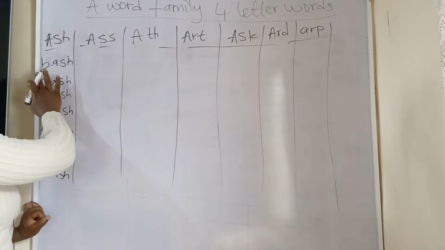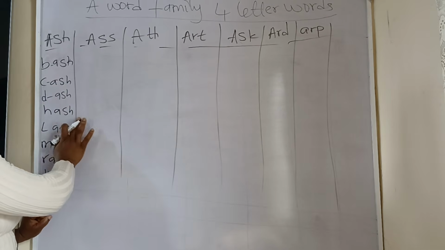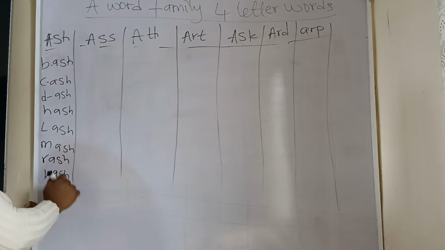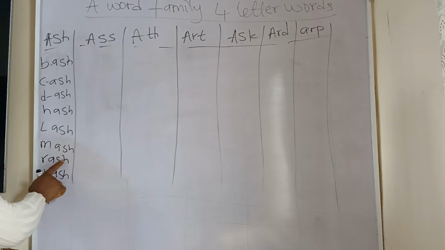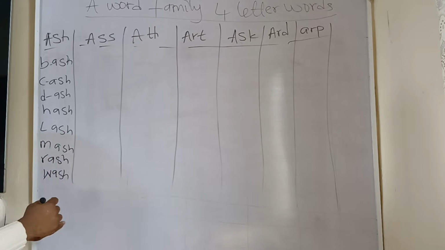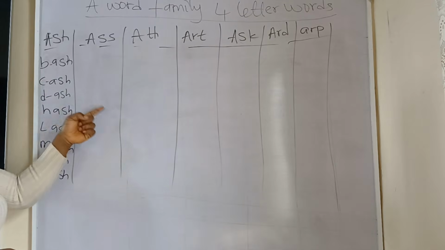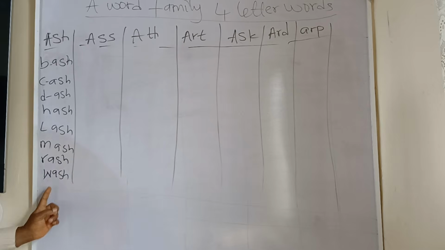So we have bash, cash, dash, hash, lash, mash, rash, wash. Remember, this sounds like l, and this sounds like r. So we have rash and lash. Put together we have bash, cash, dash, hash, lash, mash, rash, and wash.